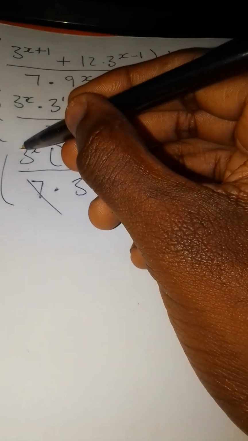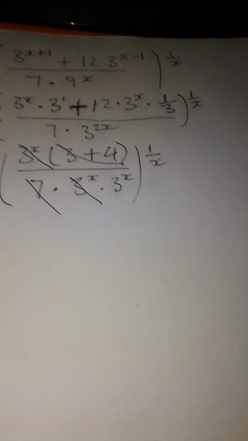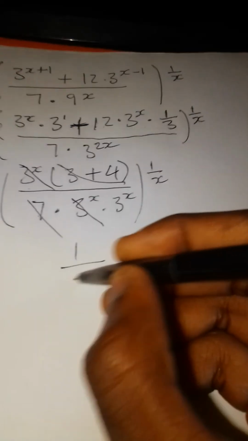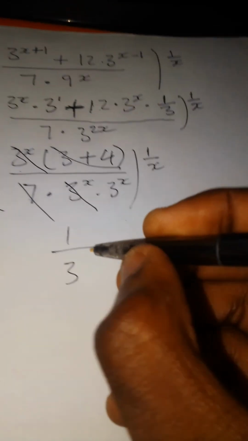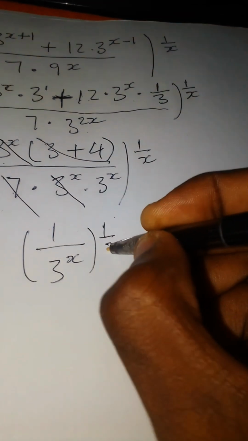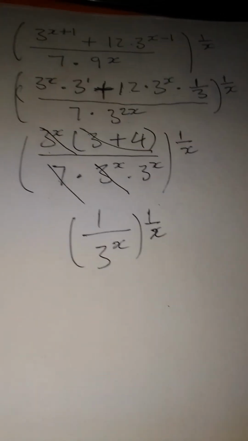And then 3 to the power of x, I have 3 to the power of x down, I can cancel that, so I remain with 1 over 3 to the power of x, all of this has the exponent of 1 over x.